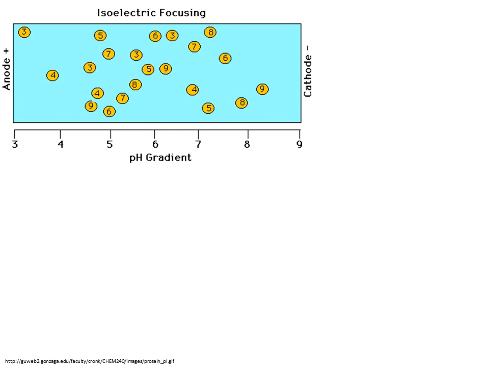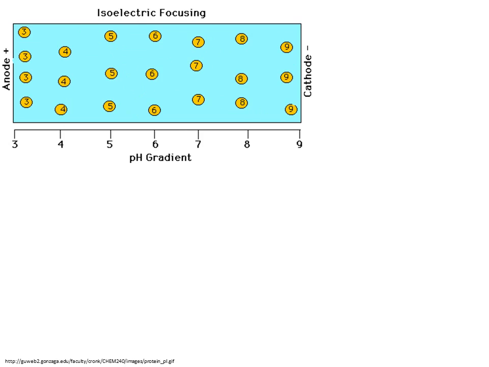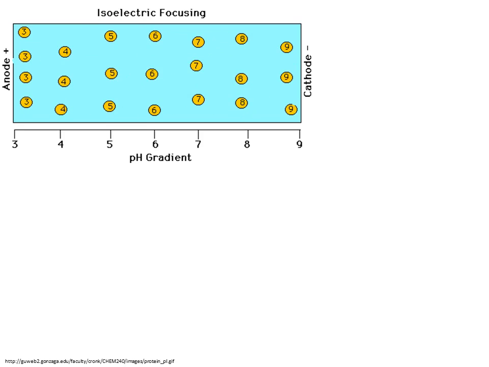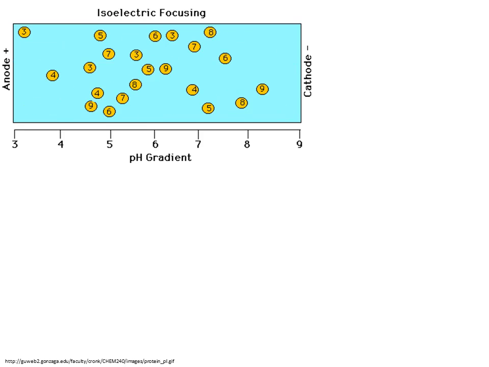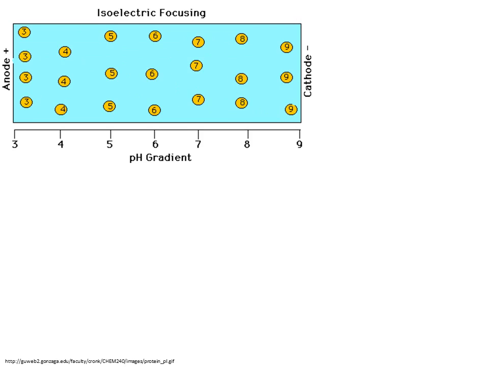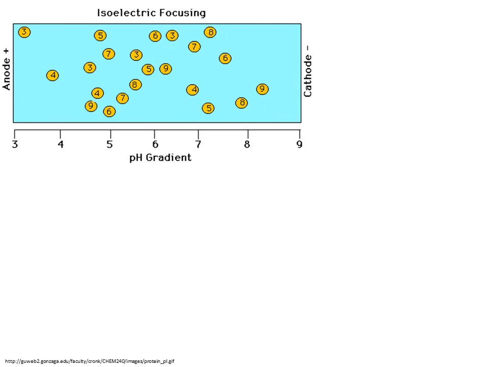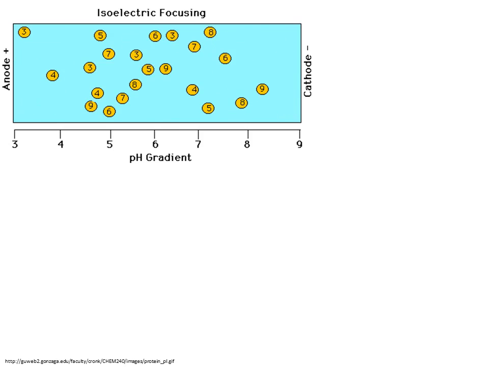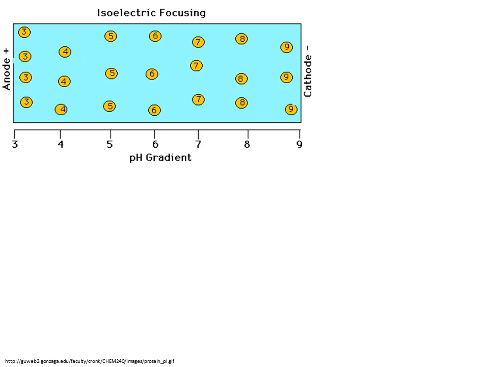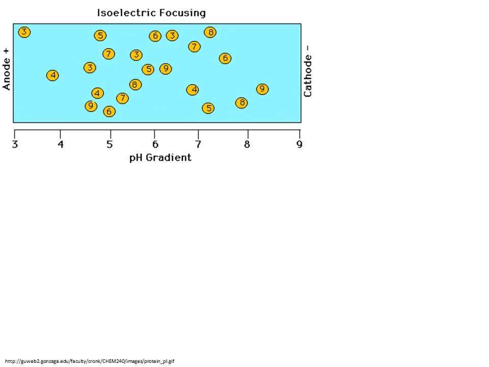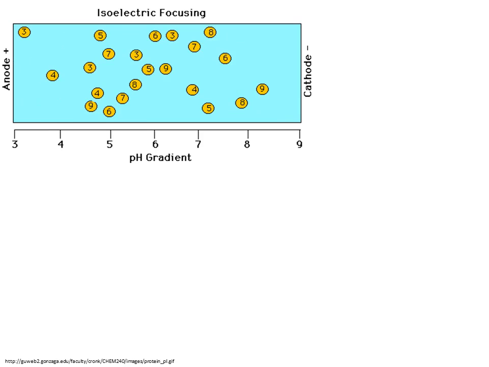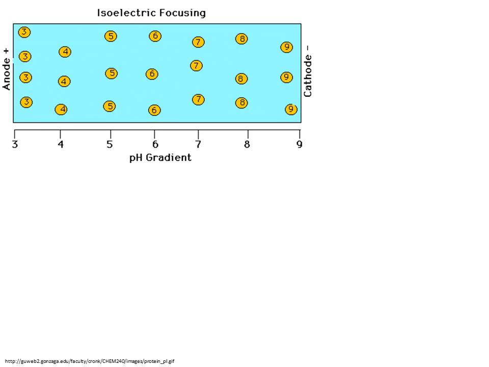If we have a solution of proteins in a long tube, we can add a solution of carrier ampholytes, which are another type of zwitterion, but are only zwitterionic in a very narrow pH range. When the current is passed through the tube, the carrier ampholytes move towards either the positive or negative end, and a pH gradient begins to be established as hydrogen ions are gained and lost by the carrier ampholytes, and water molecules, which are also ampholytes.